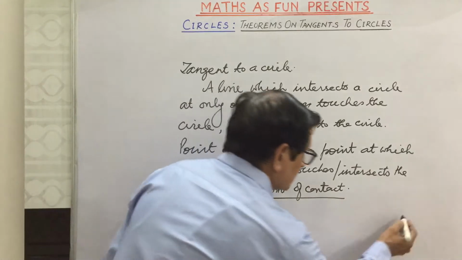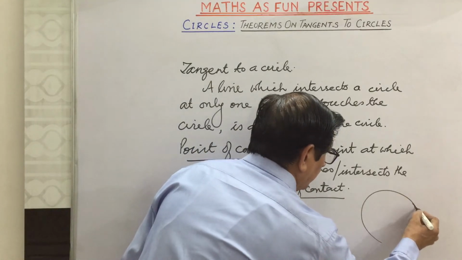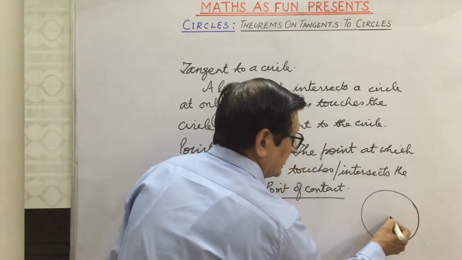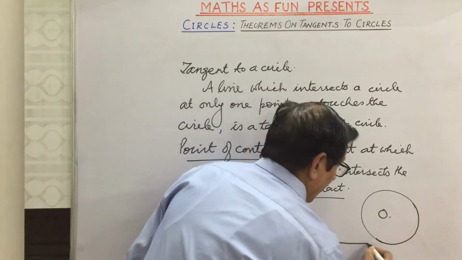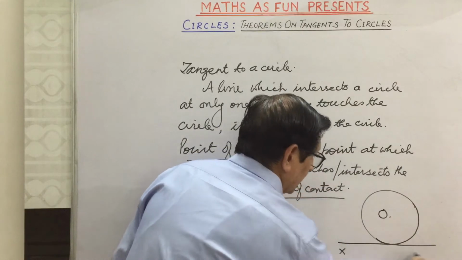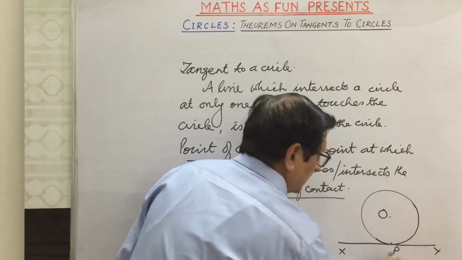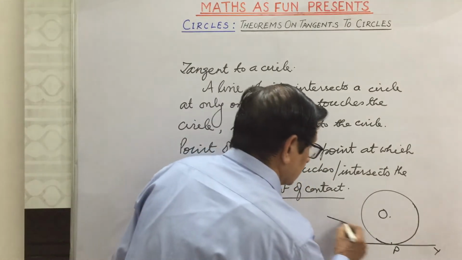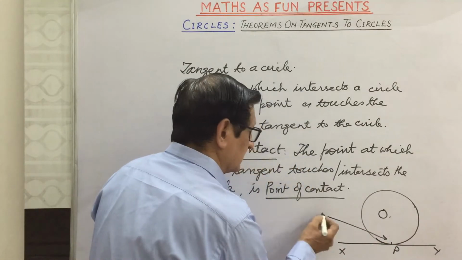Say if we have a circle with center O and XY is the tangent touching at point P, then this point P is known as the point of contact.